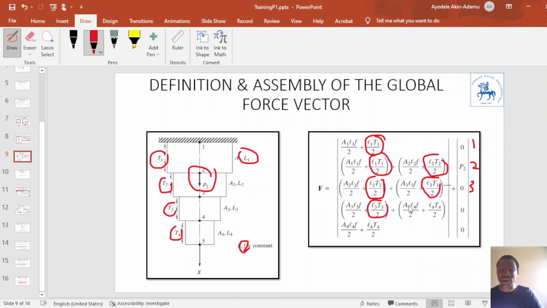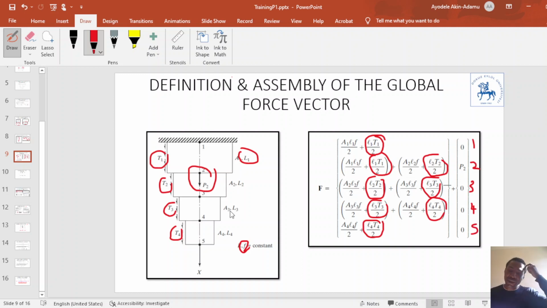The load is divided equally between the nodes of the element. For element 4, we have L4 T4 divided by 2 at node 4 and at node 5.